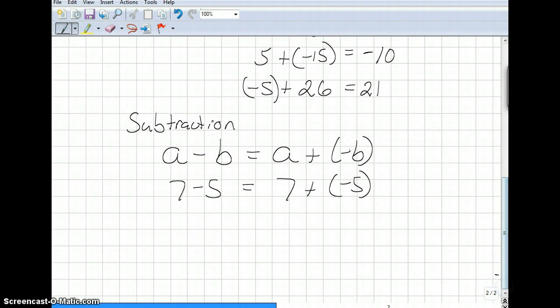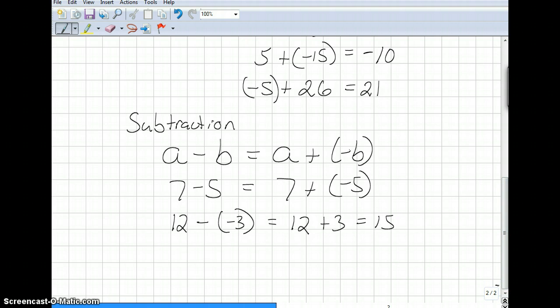So any subtraction problem can be rewritten as an addition problem. So for instance, if I have 12 minus negative 3, well, remember minus a negative makes it positive. So that's going to be 12 plus 3, or 15.